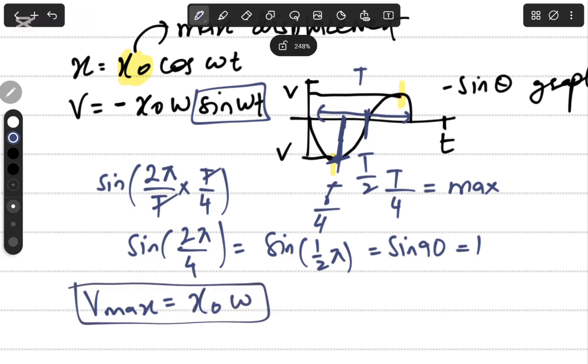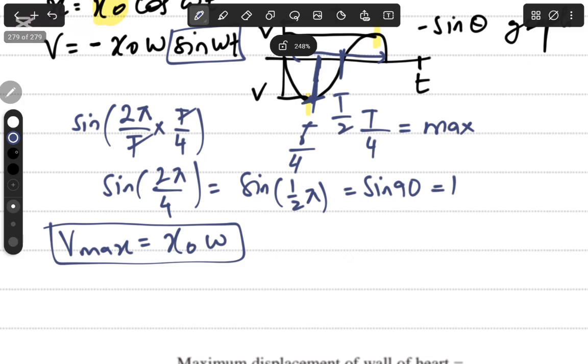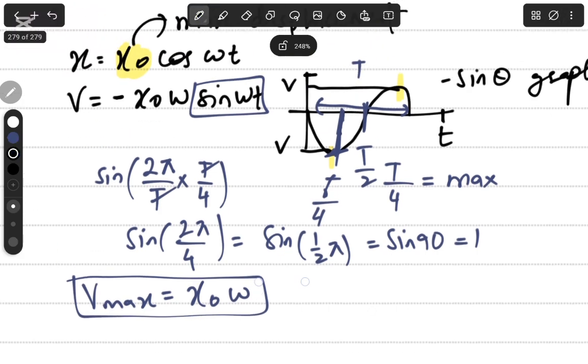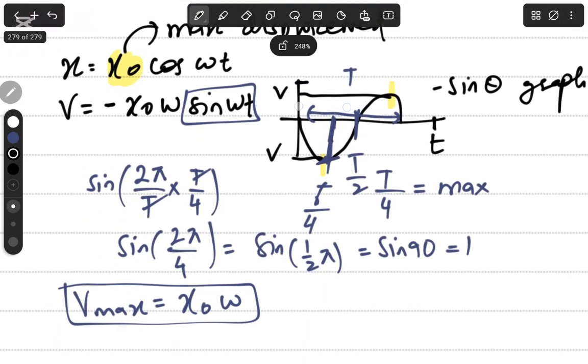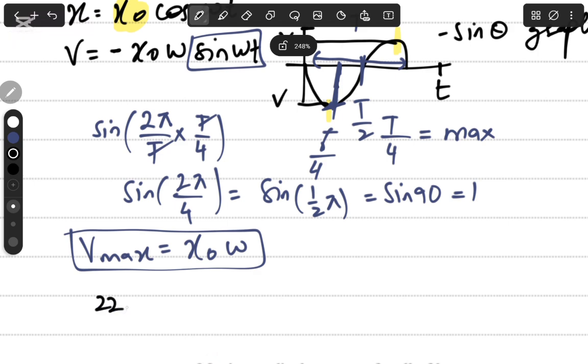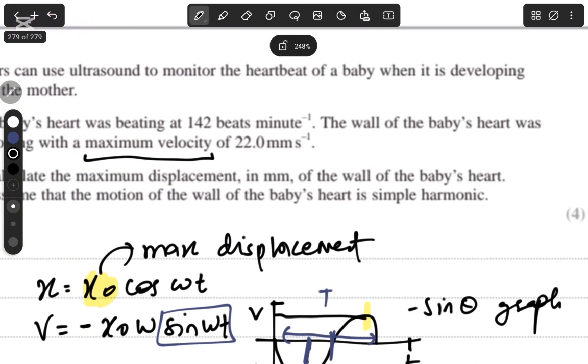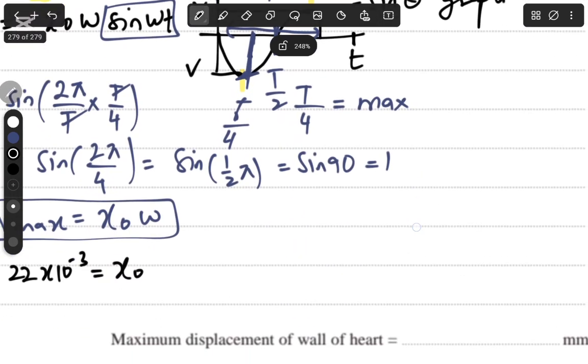I know v max is 22 millimeter per second, so I can write 22 times 10 to the power of minus 3 meters, and x naught is what I want to find, and then omega. To find omega, I can use the information of 142 beats per minute.